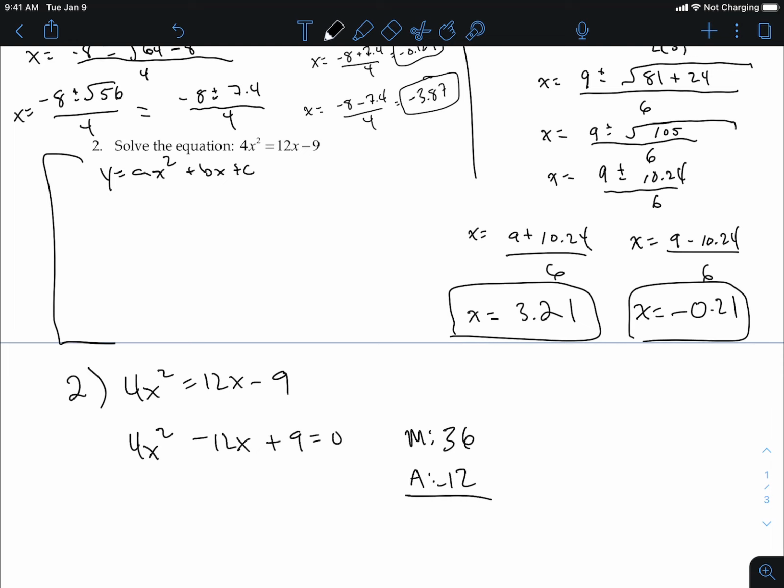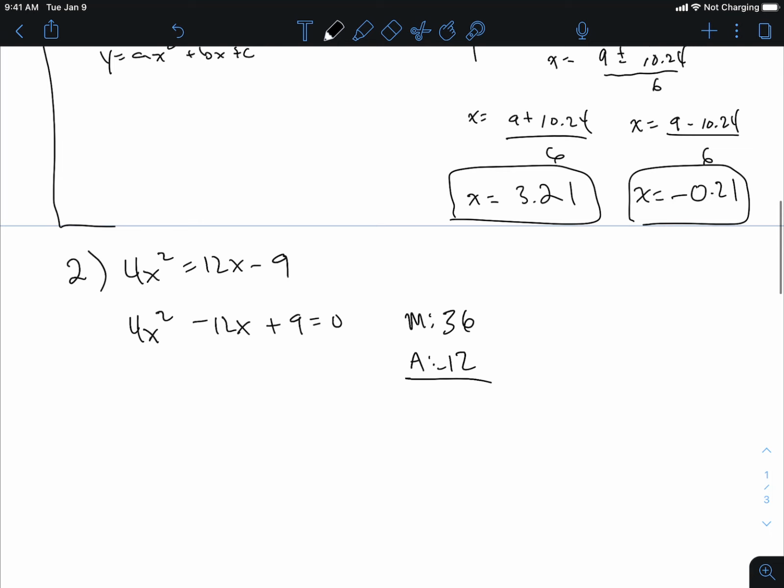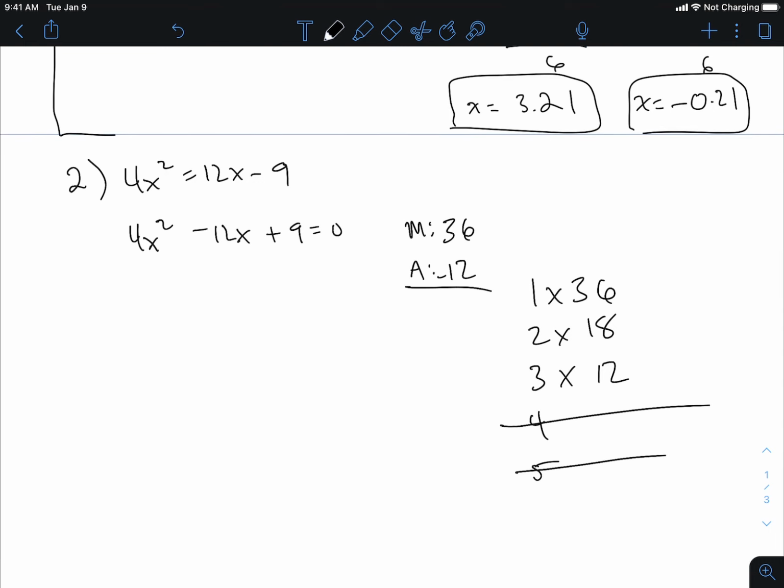It looks like I can find two numbers that multiply to 36 and add to negative 12. What are they? Well, start writing out the factors. 1 times 36, 2 times 18, 3 times 12, 4 does not, 5 does not, 6 times 6. What if I made them both negative?